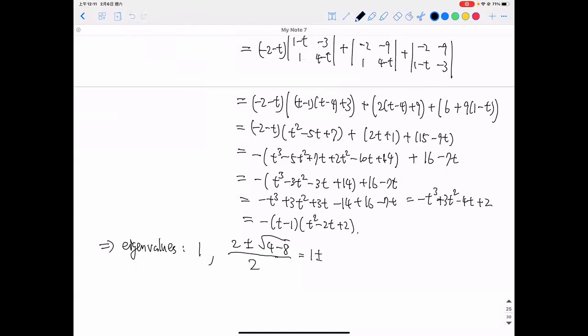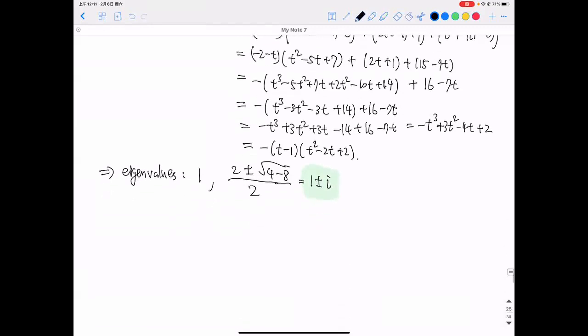So it's 1 plus minus i. Okay, and so for the real eigenvalue 1 here, we certainly know how to proceed. So we will just try to study the eigenspaces for the complex eigenvalues, just to give ourselves some examples.